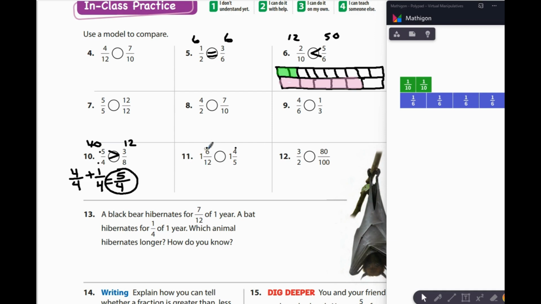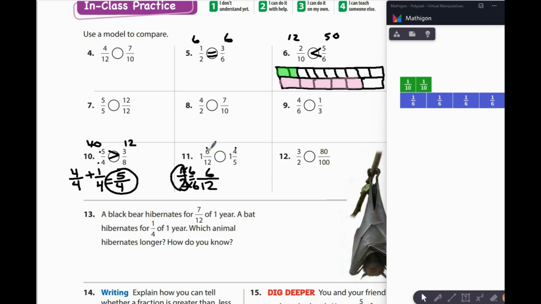Now let's take a look at number 11. I'm going to compare the fraction 6/12 to 4/5. If I compare to a half, and I want to see how many 12ths are equivalent, I know that 2 times 6 is 12, so 1 times 6 is 6. 1/2 is equivalent to 6/12.